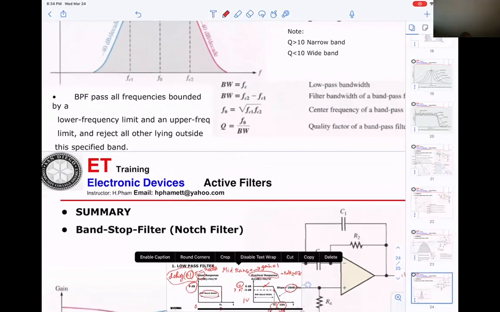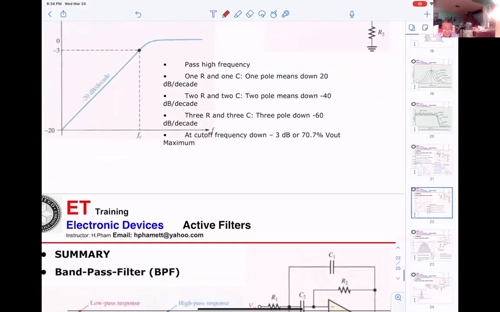Other things like comparator, integrator, differentiator circuitry will also be gone through, but not the major ones. So any questions? Otherwise, we have to take the test now.